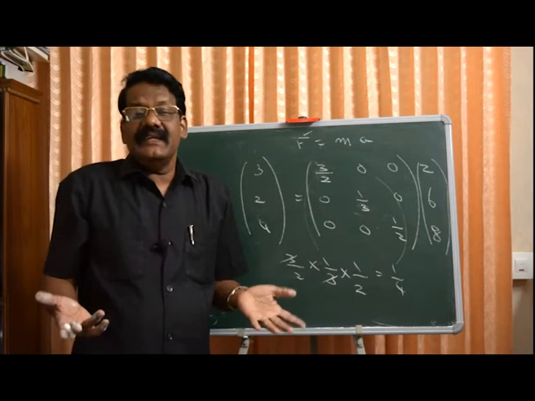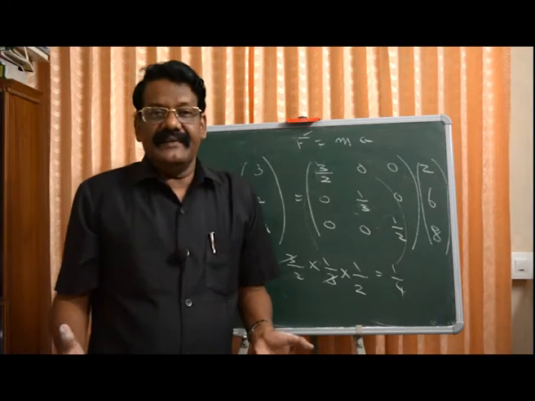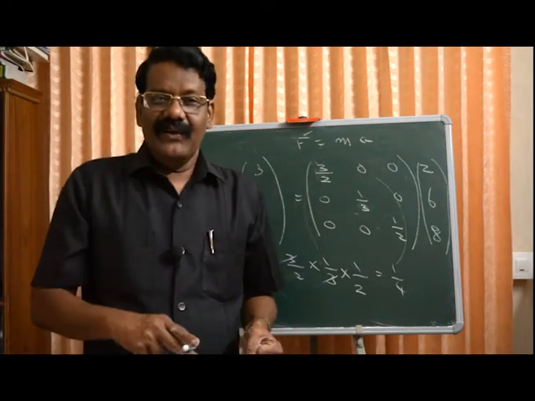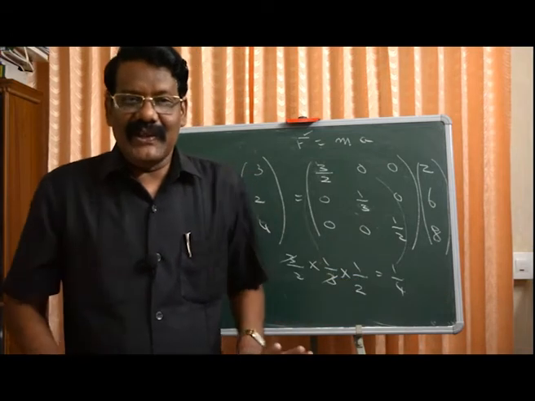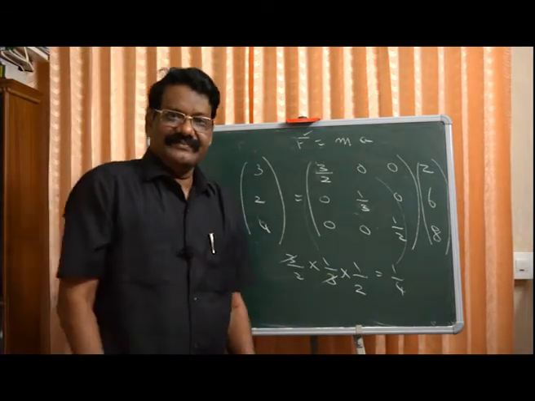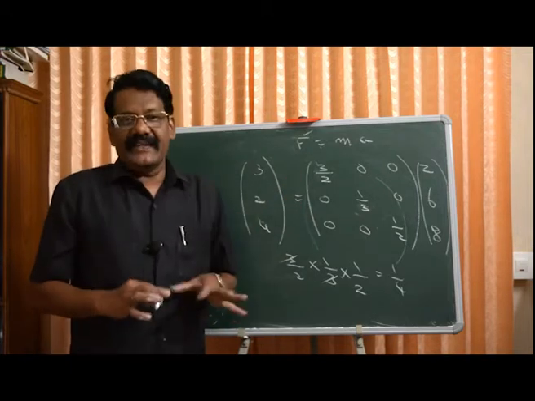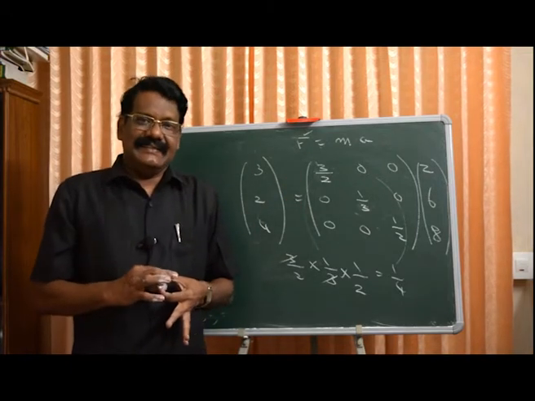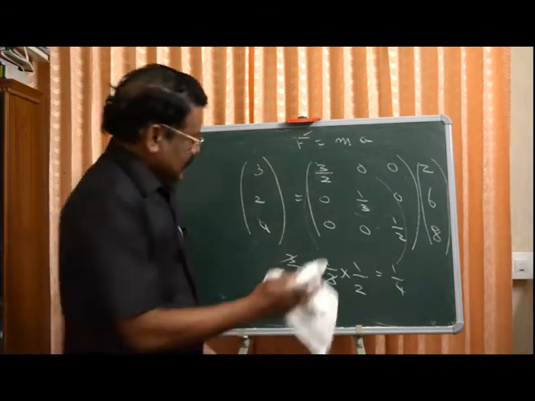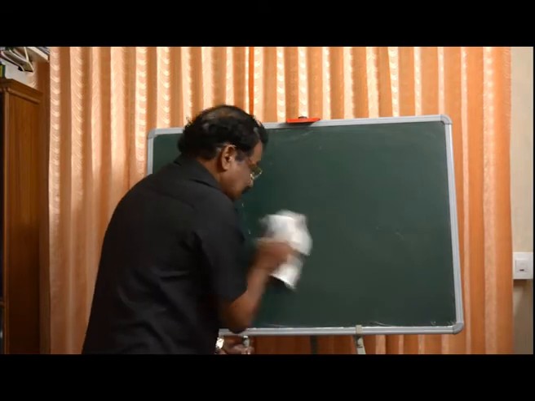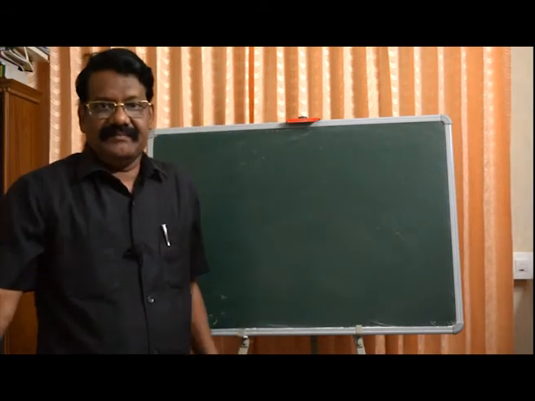If you take the determinant of this 3 by 3 matrix, you will get the mass of the electron, which is equal to 9.1 into 10 raised to minus 31 kilogram. That is all. Actually, this is the essence of the emergence of tensors. This is one of the reasons why tensors are necessary.